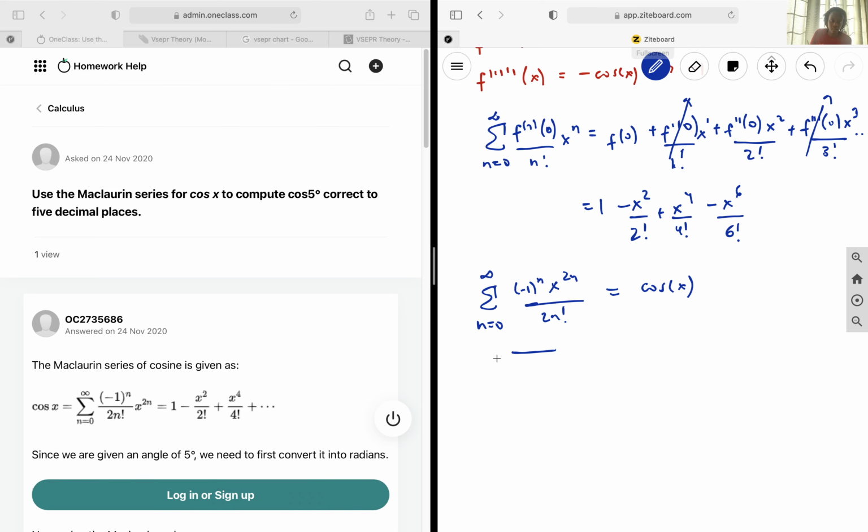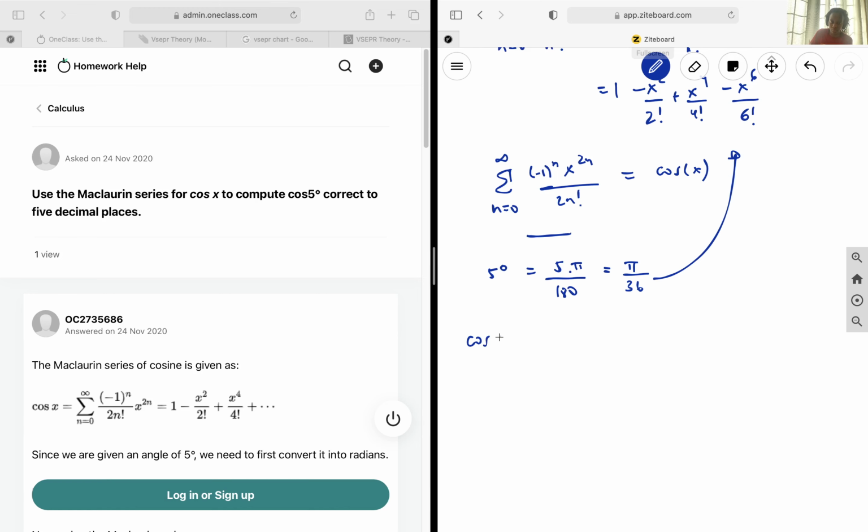And so now, since we want to find cos of 5 degrees, we're going to first need to change it into radians. So it would be 5 times pi over 180, and that is going to give us pi over 36. And then we're simply going to plug that into our series.